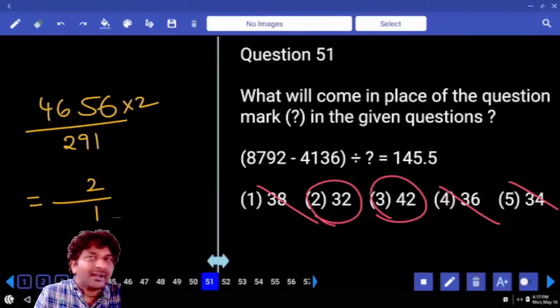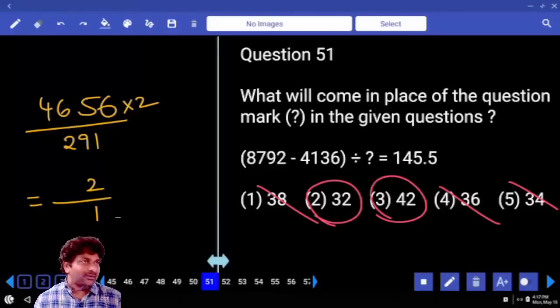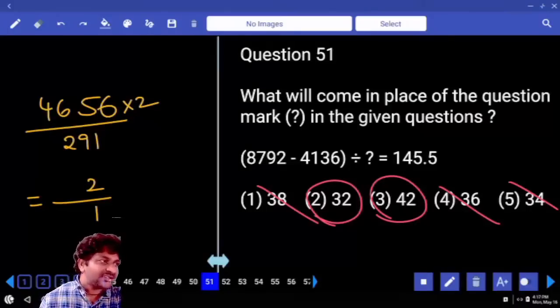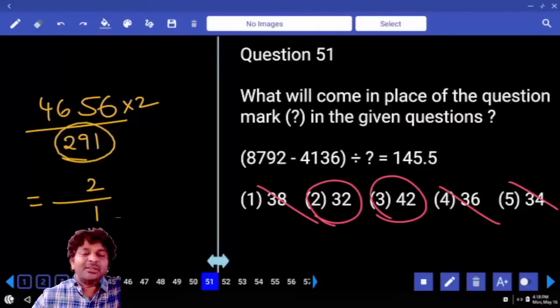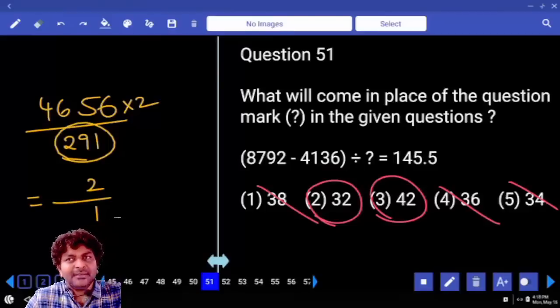Now verify whether your answer is a multiple of 3 or not. If it is a multiple of 3, that is the answer; if not, then the other one is the answer. Now look at your denominator. 291, is it a multiple of 3?